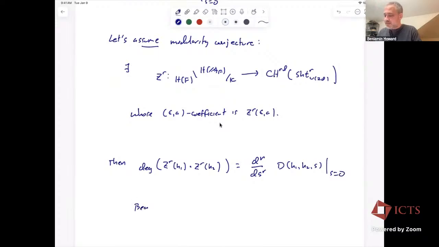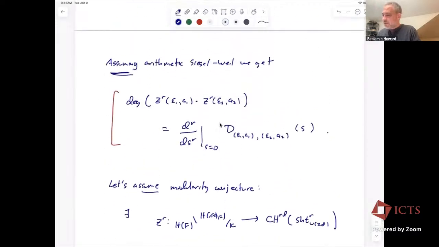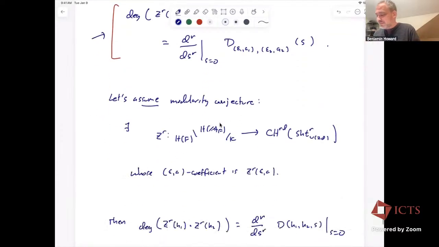Because this relation up here says precisely that those two automorphic forms agree Fourier coefficient by Fourier coefficient.